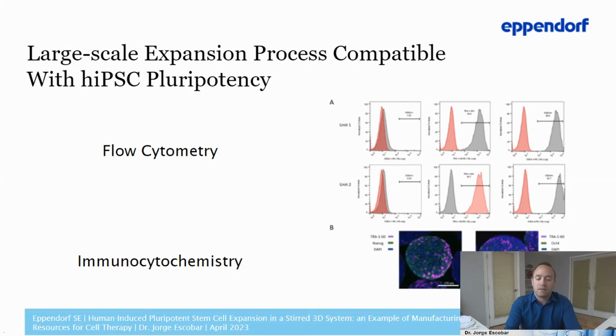All these cells express pluripotency-associated surface markers like SSEA4 and TRA-1-60.